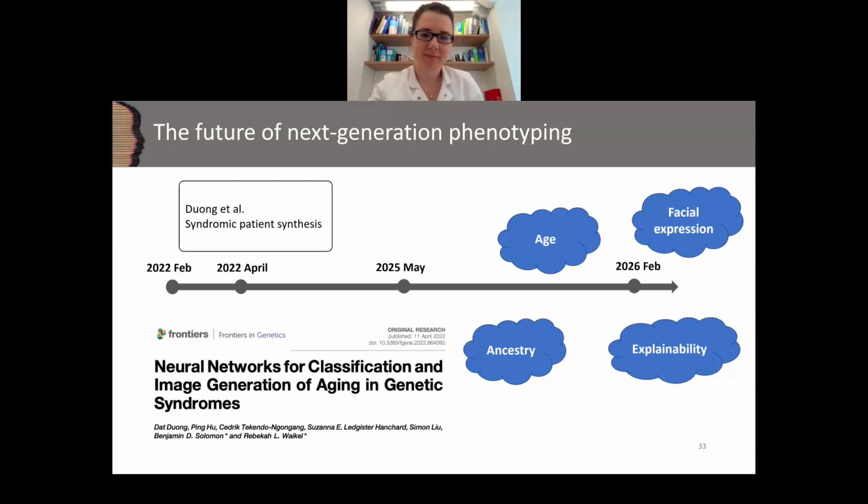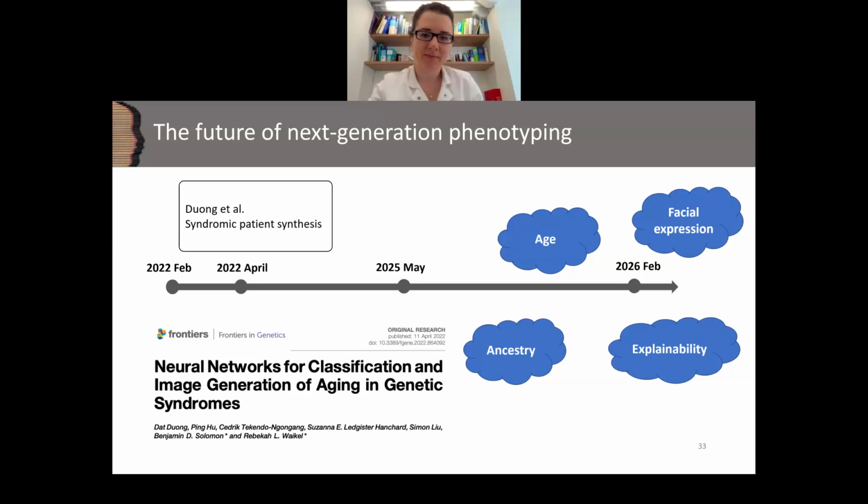Facial expression is very important when you diagnose patients, because if the patients have a happy face, like laughing, sometimes it will influence the prediction. For example, some disorders always have some facial expression, like Angelman syndrome, where the patients are always laughing. So it will lead to some bias if you want to make it an application.